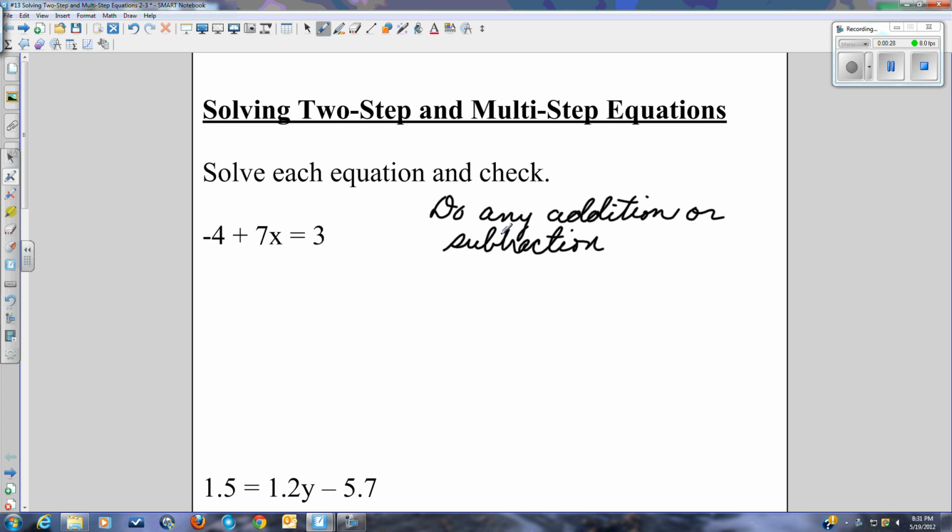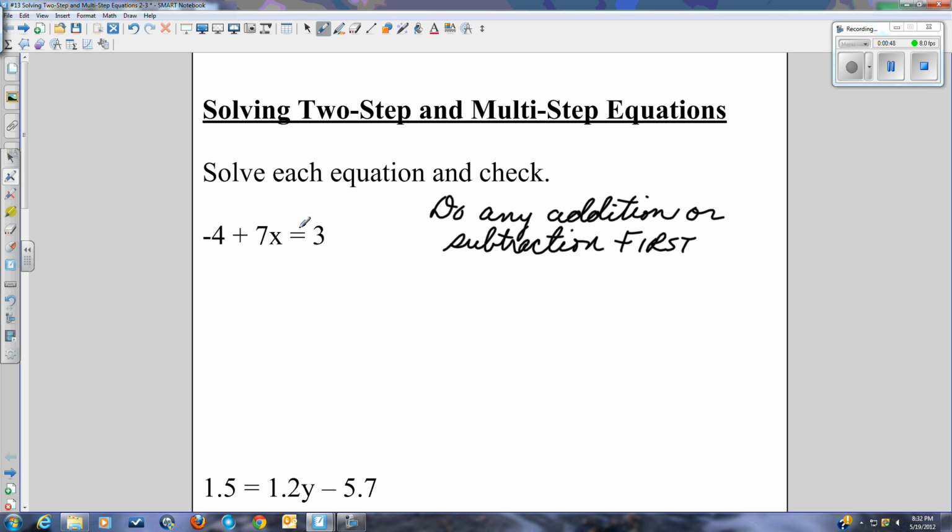That's very important. It's not wrong to do division and multiplication first, but it can often result in something quite messy. Usually, if you stick to doing your addition or subtraction first, it will be a much cleaner and easier problem to do. So let's start this out.